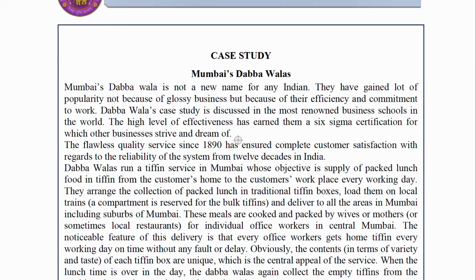These meals are cooked and packed by wives or mothers for individual office workers in central Mumbai. The noticeable feature of this delivery is that every office worker gets home tiffin every working day on time without any fault or delay. Obviously, the contents in terms of variety and taste of each tiffin box are unique, which is the central appeal of the service.